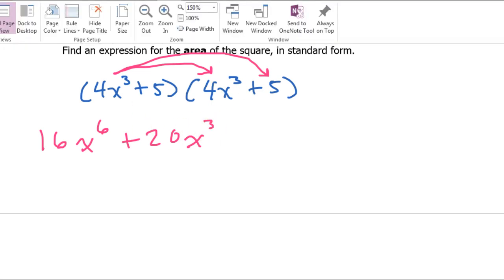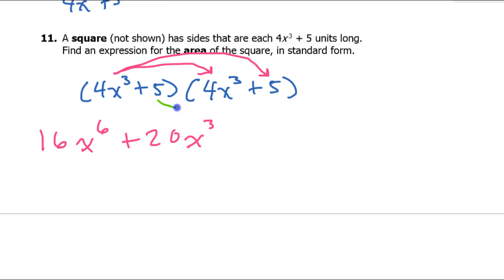So now I switch it up and distribute the 5. Okay, so 5 times 4x cubed is going to be 20x cubed. And then 5 times 5 is 25.